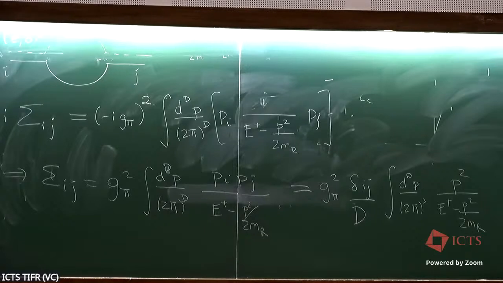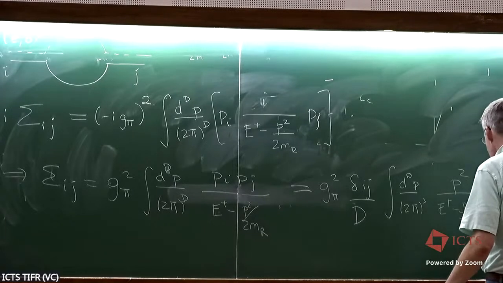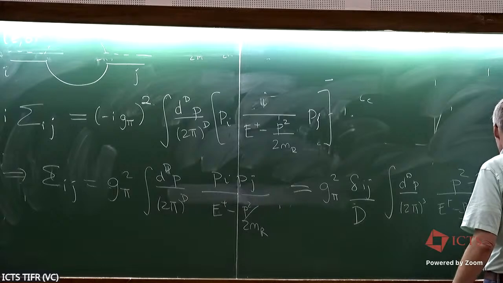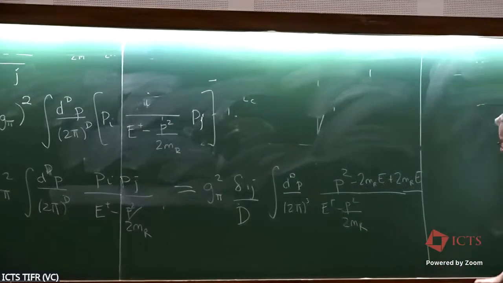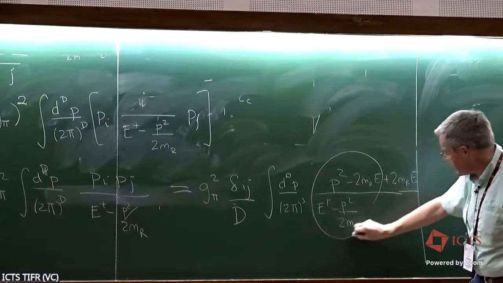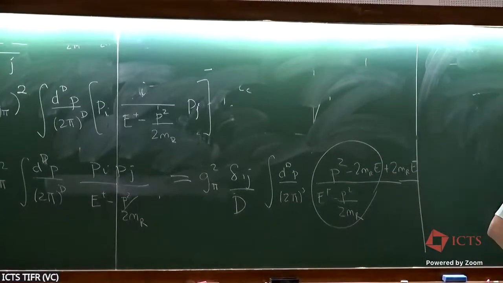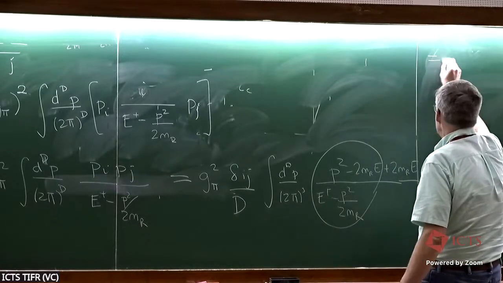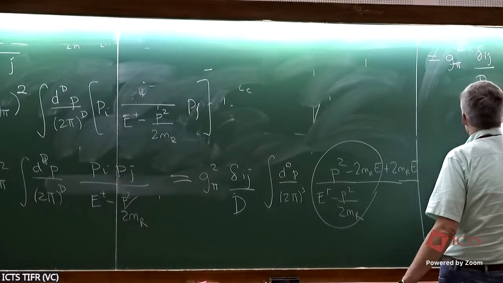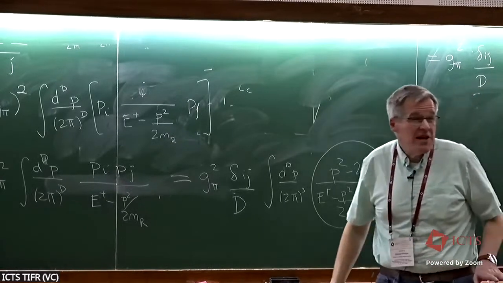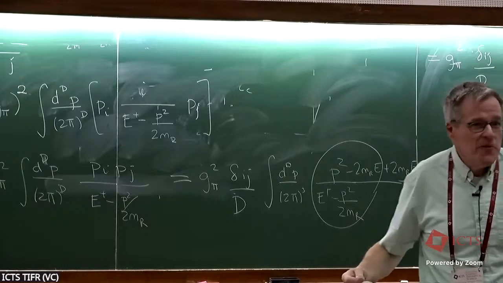If we add and subtract 2m_r times E, this first piece gives us the integral of 1. As we discussed during the exercises on Monday, that integral is 0. So it's actually the integral of minus 1, but it's still 0.